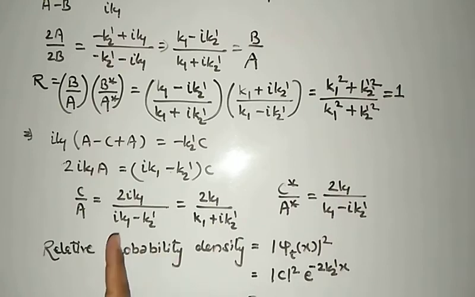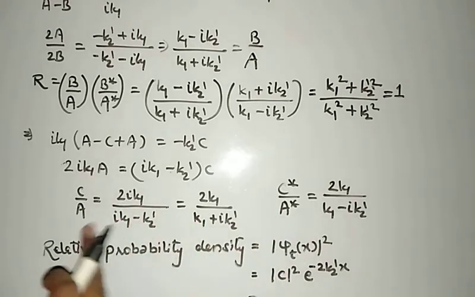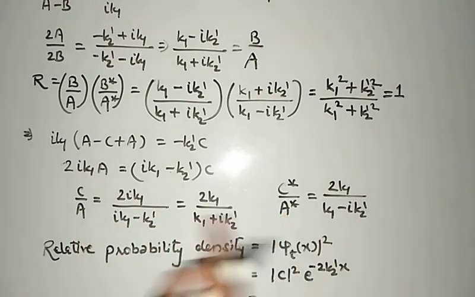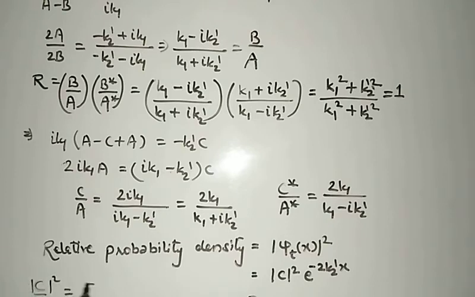Now putting the value of C square, when we multiply these two terms, this will be C by A square, 4k1 square upon k1 square plus k2 dash square. So we get this, shifting the A square here.